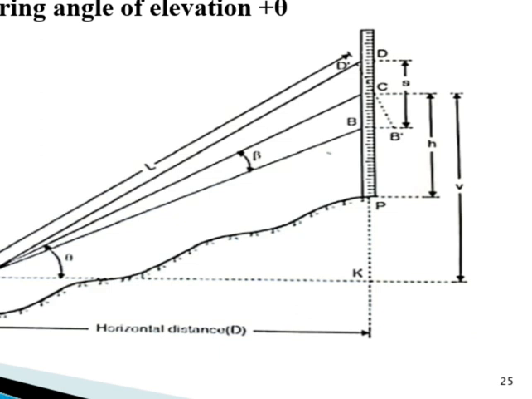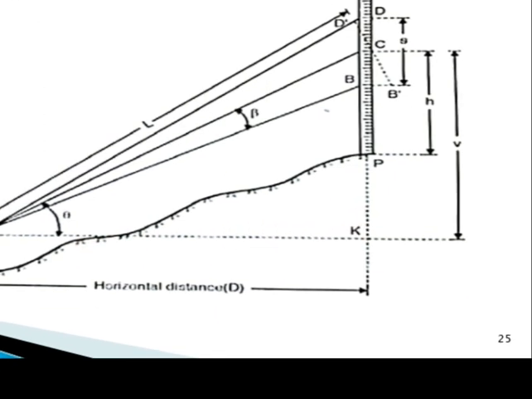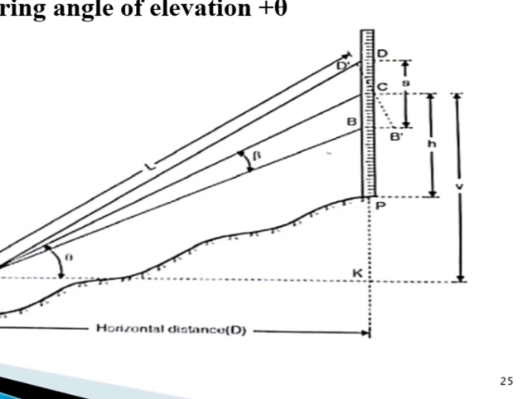Next, A dash C is this whole distance from A dash to C. It is denoted by capital L. So capital L is the distance along the line of collimation from A dash to C. Next, A dash K is equal to the horizontal distance, say capital D. So D is the horizontal distance from the instrument to the staff station P. Next is CK.